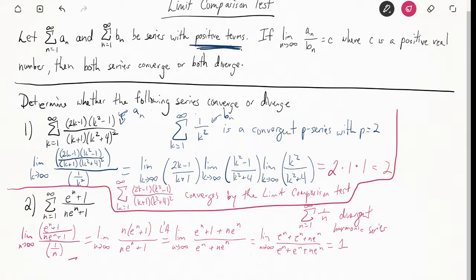Well, it means we have the summation n equals 1 to infinity of e to the n plus 1, and hopefully this will fit on the screen, and e to the n plus 1, it diverges by the limit comparison test.